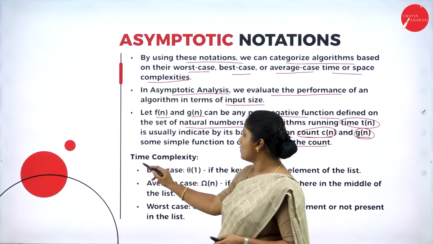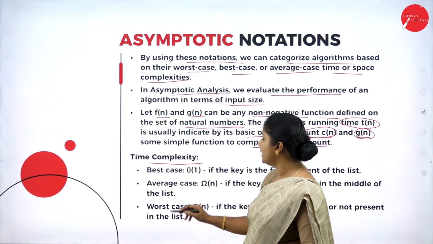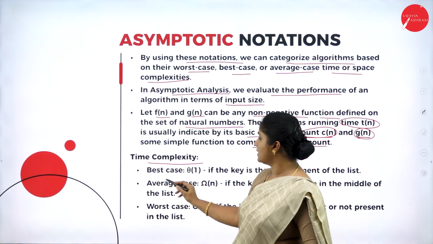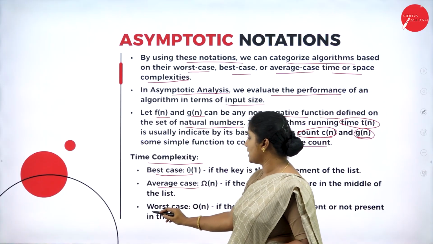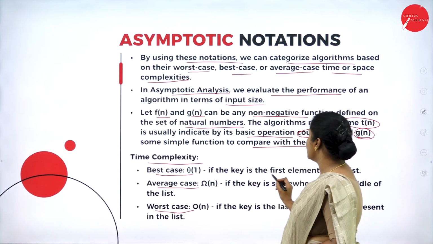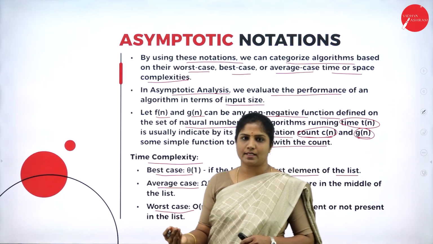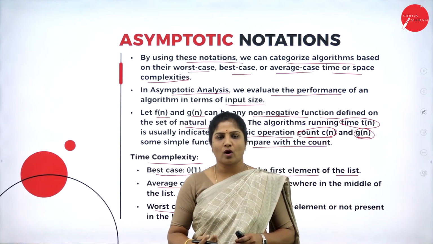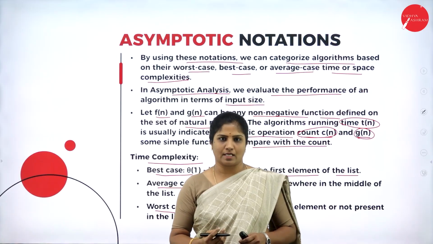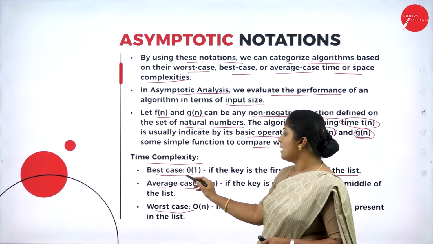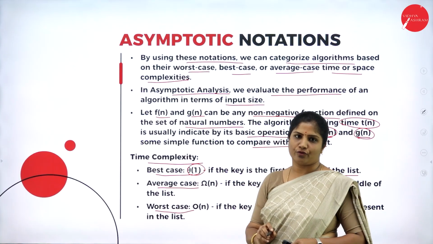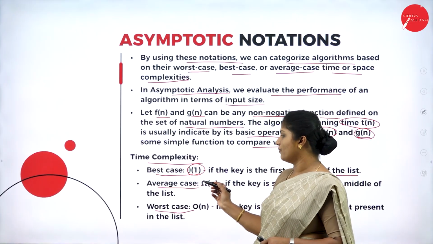Next is time complexity. How are we going to measure it? We are measuring it as best case, average case and worst case. If I have 5 elements in an array and the key I am searching for is the first element, I say it is the best case, that is theta of 1. Its time complexity is theta of 1.